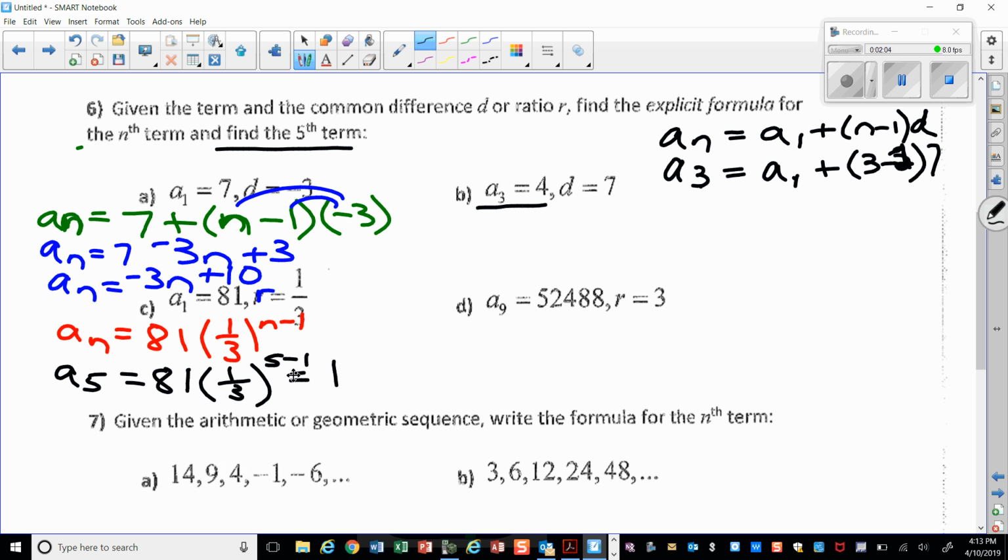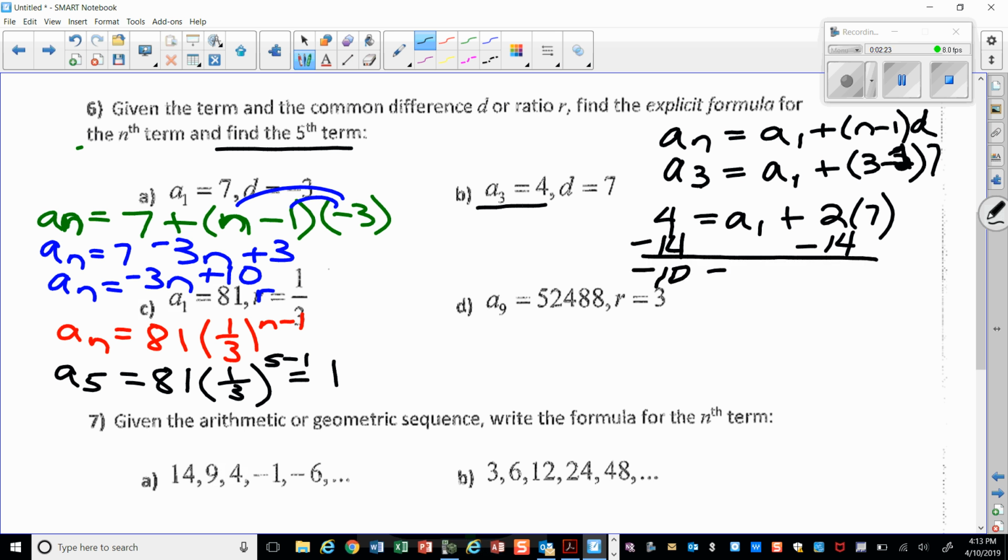Okay? And then now substituting what we know. We know a sub 3 is 4. I don't know a sub 1. And 3 minus 1 is 2 times 7, it's 14. All right? So I'm going to subtract 14 from both sides. So I get negative 10 equals the first term.